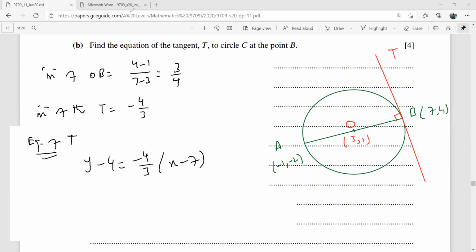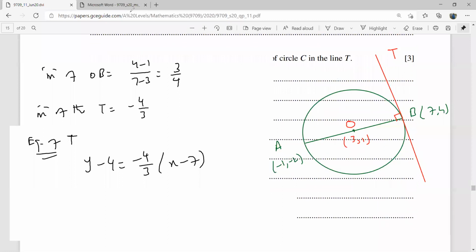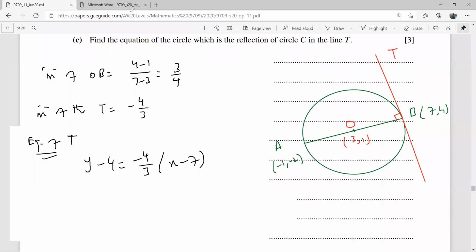Acha. Next, we have the last part. It says, find the equation of the circle which is the reflection of the circle in the line T. So that means the other circle would be on this side like this.